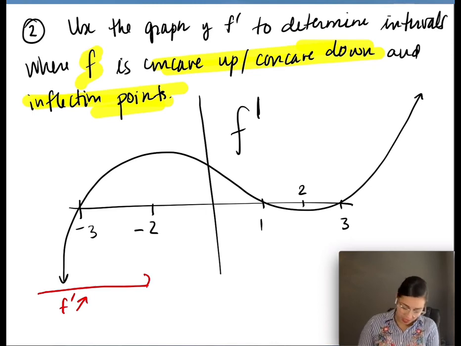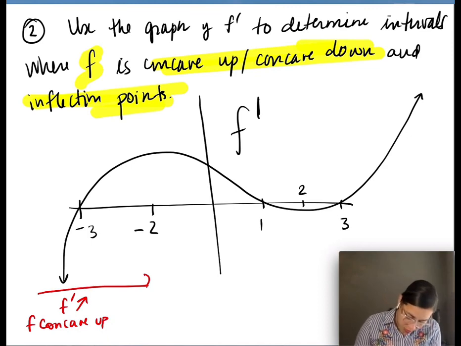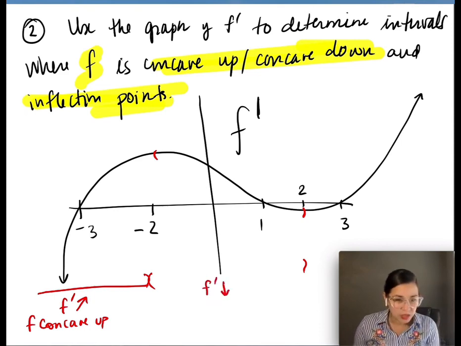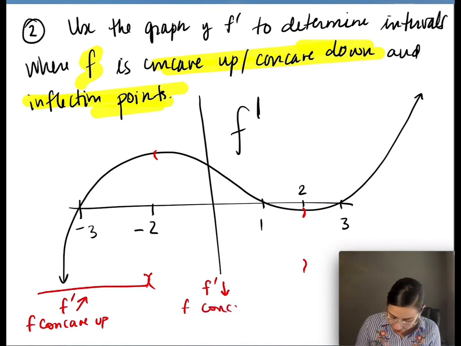Then at negative 2, the function starts to decrease all the way to 2. So from negative 2 to 2, f prime decreases, and if f prime decreases, then f is concave down.